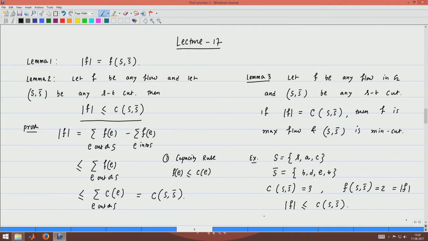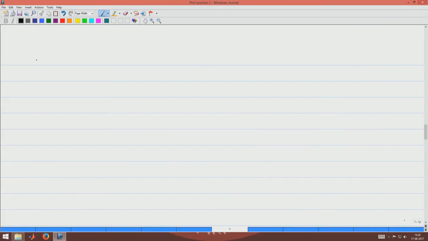Okay, so with these 3 lemmas, we are now ready to prove the max flow min cut theorem. So, now I will state the max flow min cut theorem and prove it.